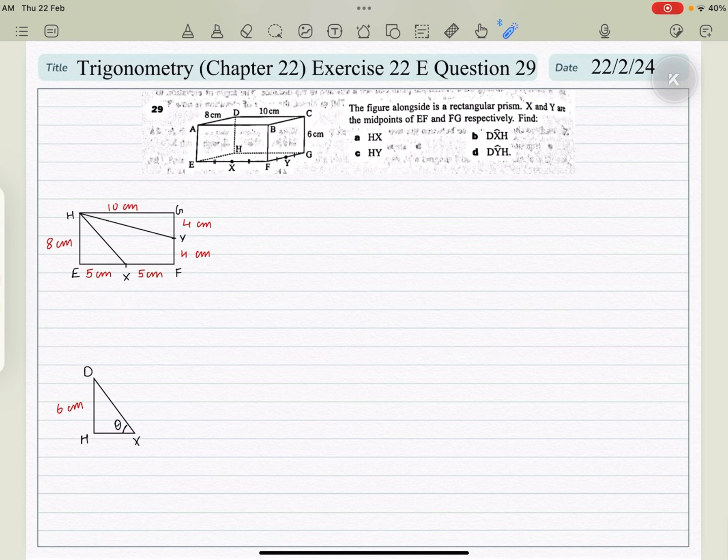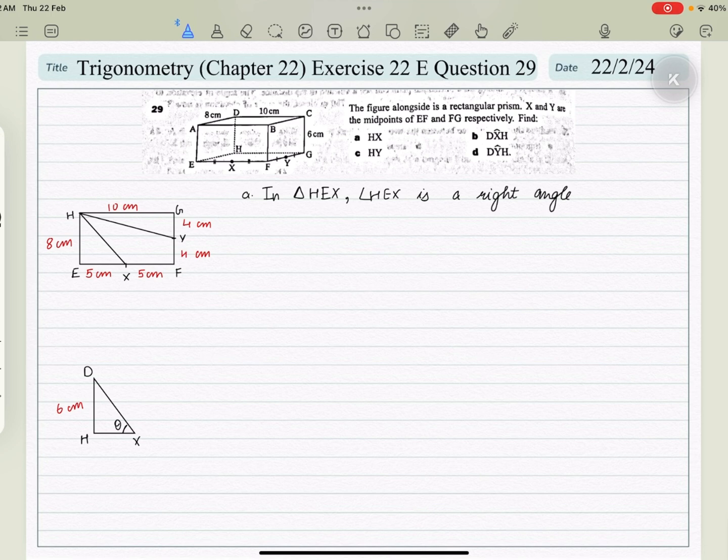Now HX, if you see over here, this is a right angle triangle. This is a right angle because this is a rectangle. And from here we can state that in triangle HEX, angle HEX is a right angle because it's a part of a rectangle.